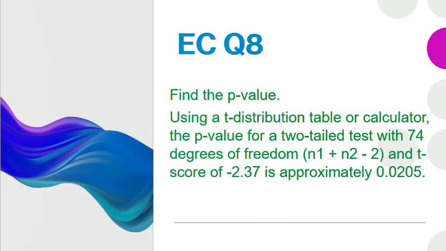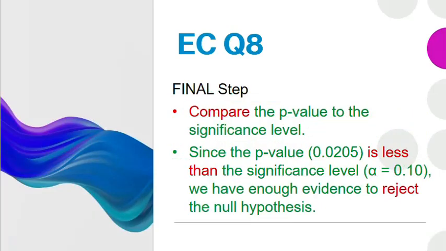0.0205. And ultimately, for our final step, we compare the p-value to the significance level, the value of alpha. Since the p-value was calculated to be 0.0205 and the alpha value is 0.10, we can see that the p-value is less than the significance level.